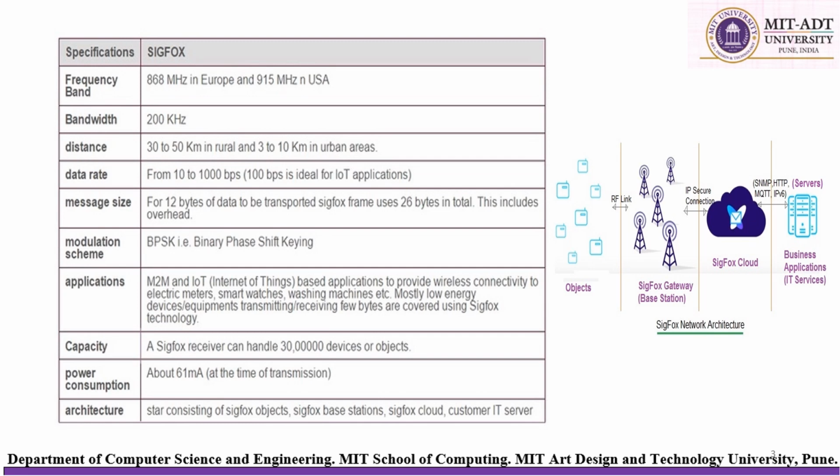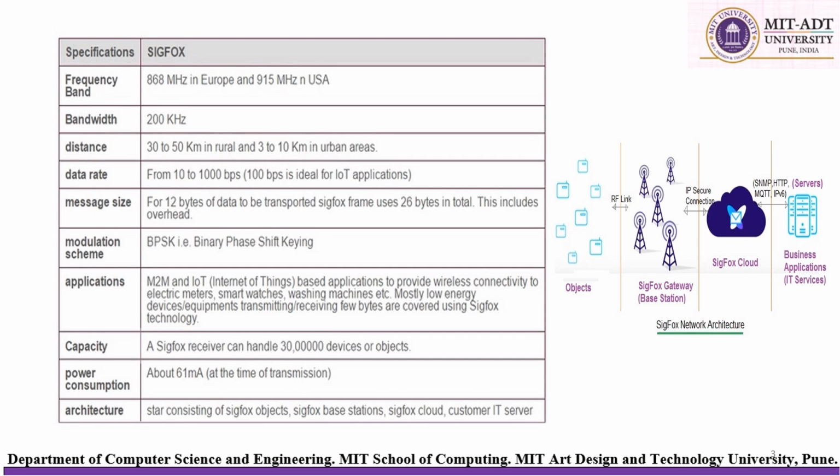SigFox's main objective is to provide the best network possible, because IoT systems require data transmission with long range. The basic aims are the basic objectives of IoT devices and wireless transmissions.